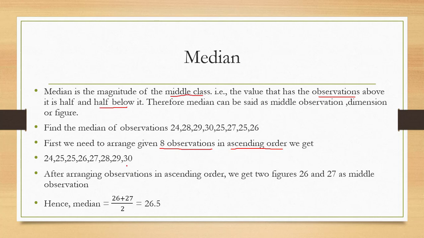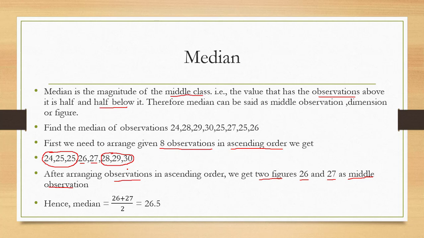Now we can observe that there are 2 values, that is 26 and 27, as the middle observations. 3 observations, that is 28, 29 and 30, are above that, and 24, 25, 25 are below those 2 observations.